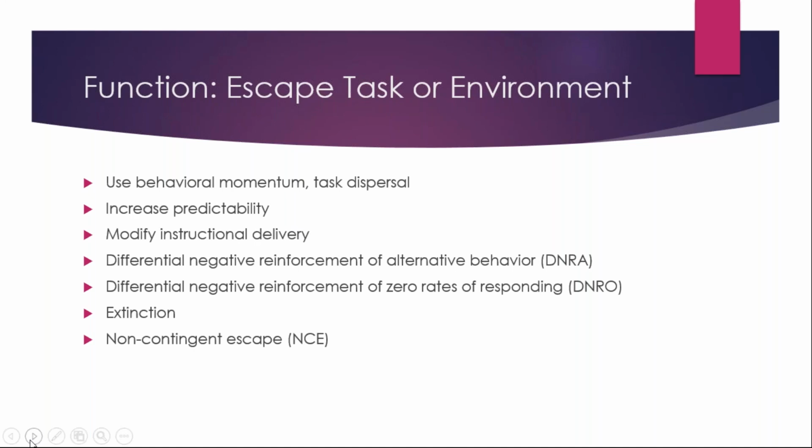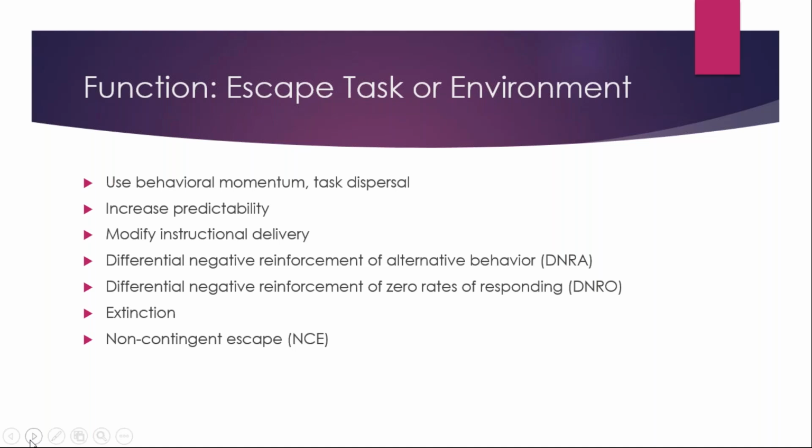Continuing on with escape from task or environment, you want to use something that's called behavioral momentum or task reversal. Allow a break when the problem behavior has not occurred for a specific period of time and place the problem behavior on pause. Ignore the problem behavior and continue presenting the task regularly, even if the problem behavior does occur.